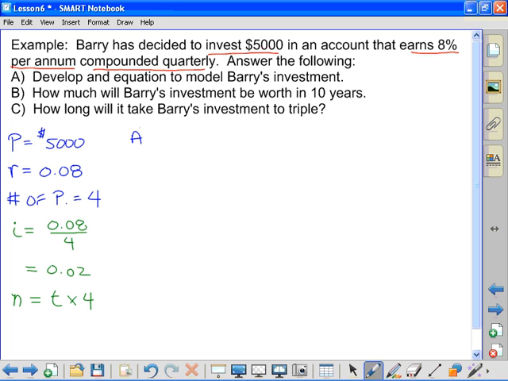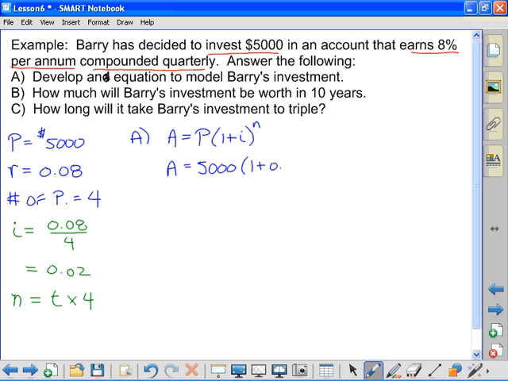So now I can look at A part. It should be an equation. Again, this is not an English class. Develop an equation to model Barry's investment. So we already know it's a financial one. There's only one financial formula for you to deal with, and that's it there. We know the P value, so A will equal P is 5,000.